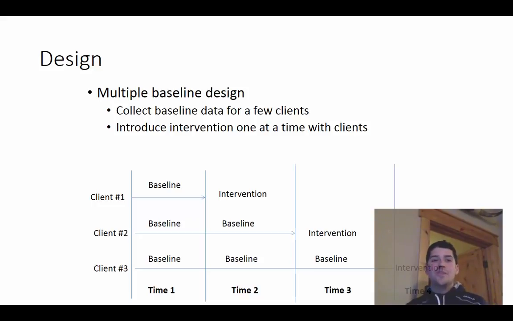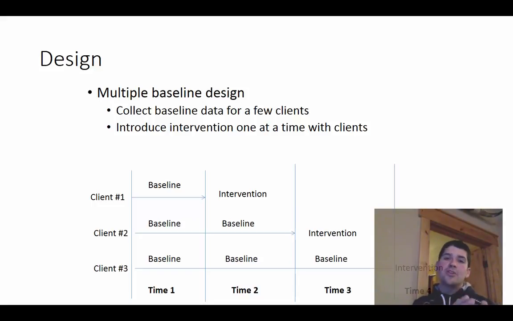So you might use something like this multiple baseline design. What you're going to do is at time 1, you collect baseline data on all 3 of your clients. Okay? And then at time 2, you're going to implement the intervention only for client number 1. For client number 2 and client number 3, you continue to collect baseline data. Then at time 3, you're going to implement the intervention for client number 2, but continue collecting baseline for client number 3.